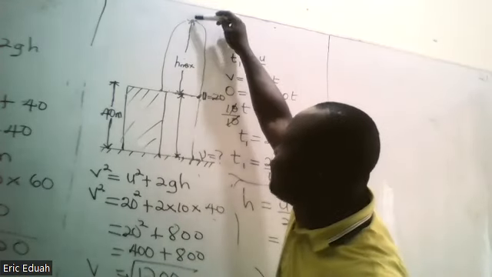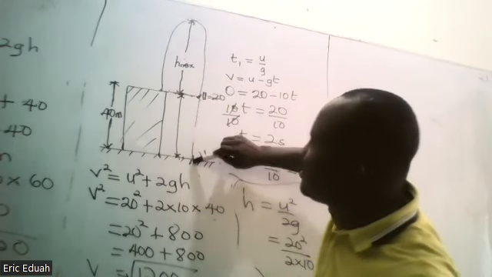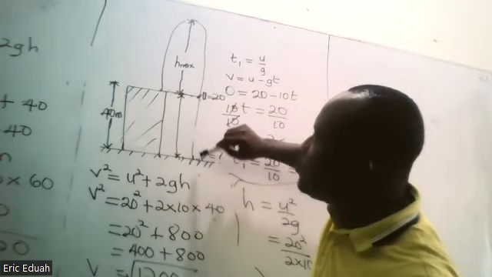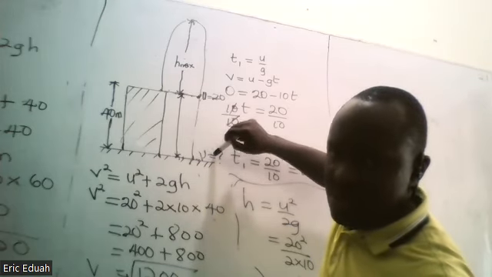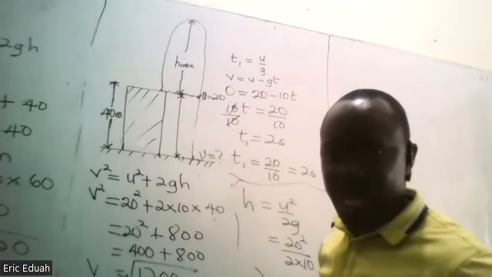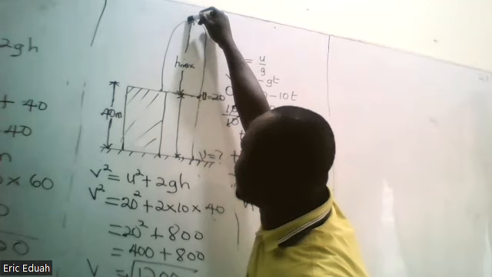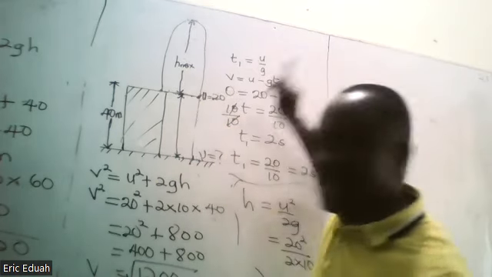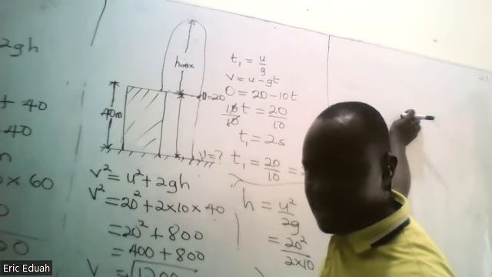Now, if we could get the time from the maximum height to where the body hits the ground, we are good to go. We add it to the time from here to the ground, and we have the time of flight.